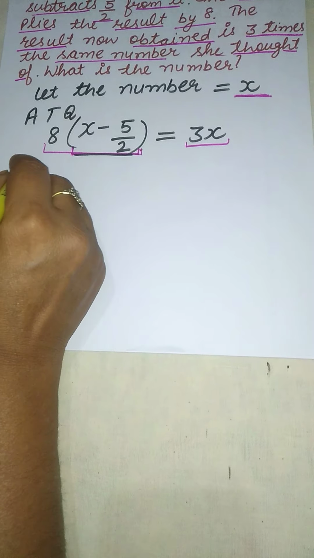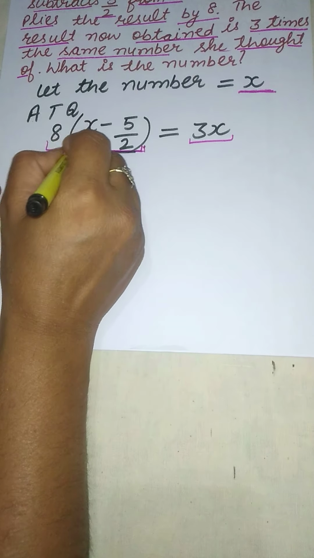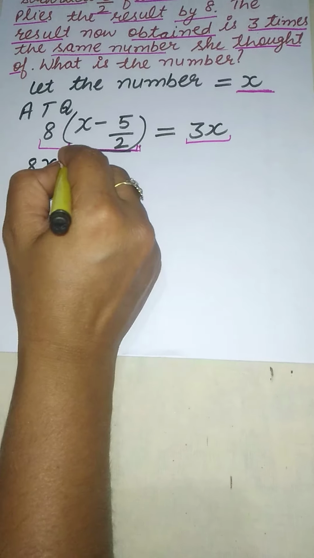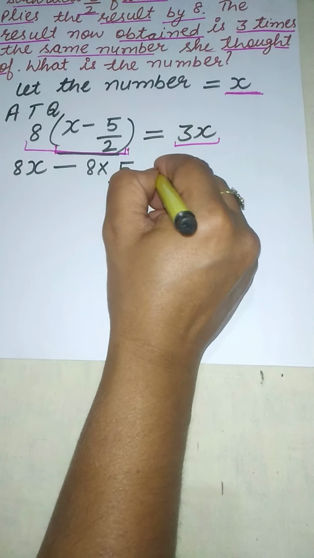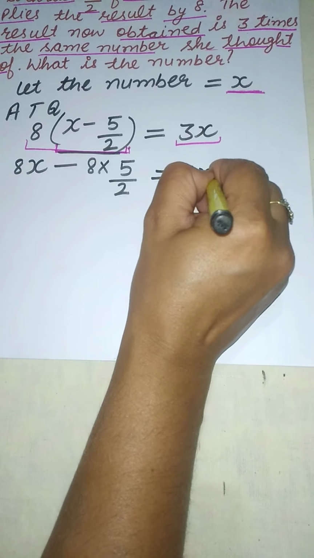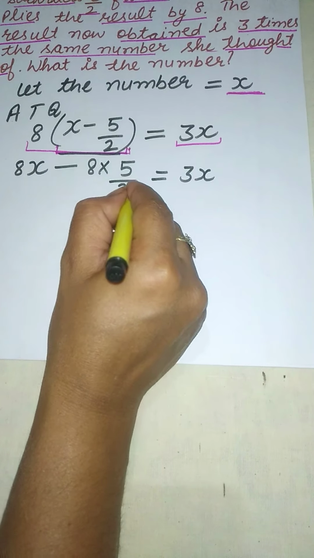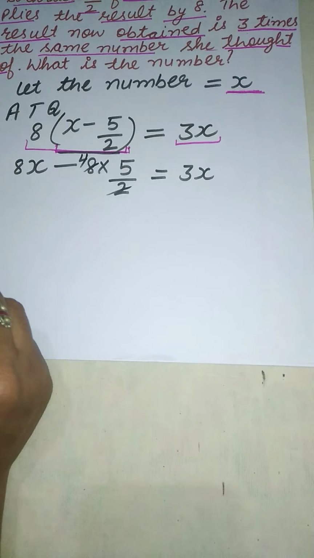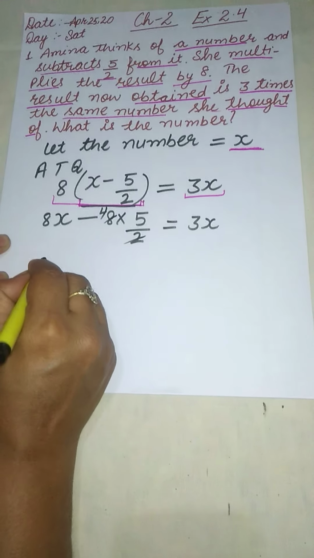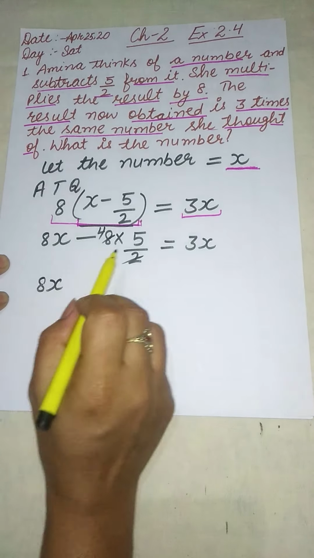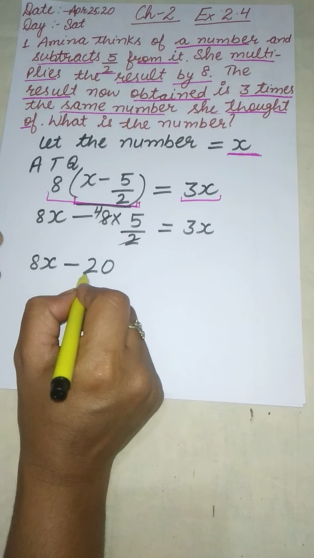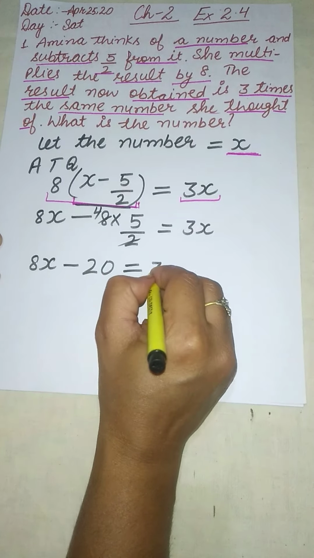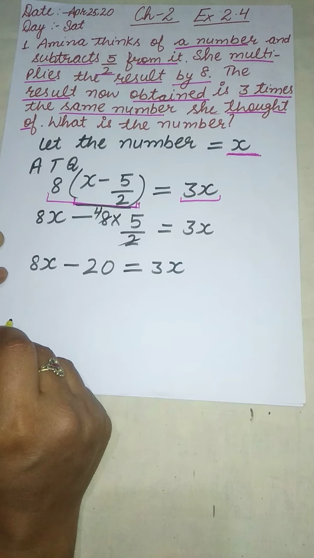Now open the bracket. 8 multiplied with x minus 8 multiplied by 5 by 2 is equal to 3x. Now 2 fours are 8. This 8x remains the same. 5 fours are 20. 8x minus 20 is equal to 3x.